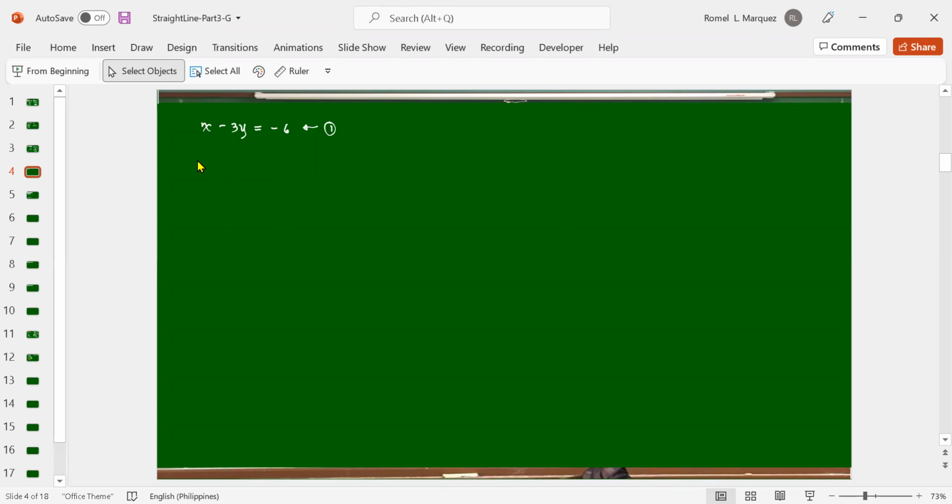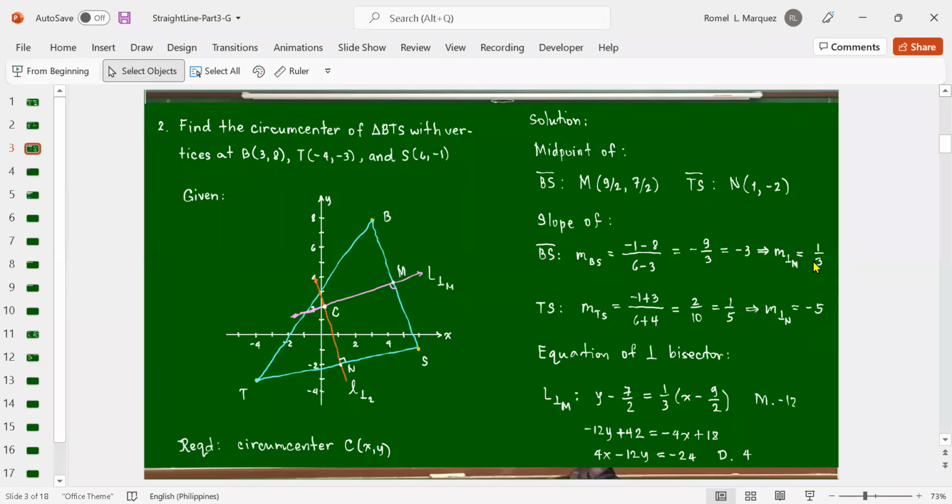Well, what about equation number 2? It will come from the perpendicular bisector that contains the point N, okay? So the slope is what? The slope is negative 5 and it contains 1, negative 2.